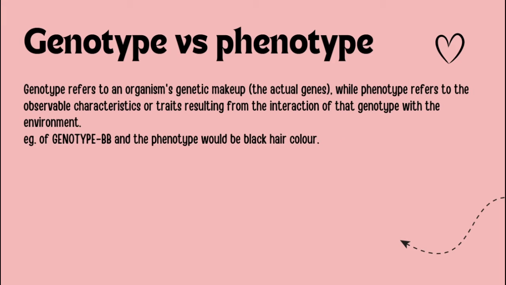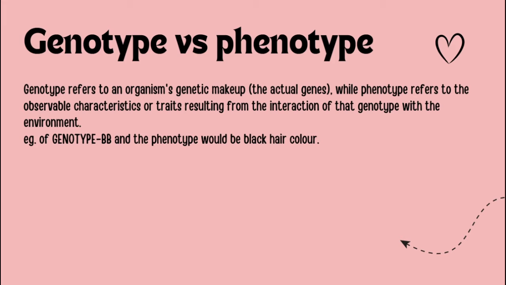Now, if we're comparing the genotype versus the phenotype, an easy way to remember this is the word geno. Just remember genetic because both of them start with G. So the genotype is really talking about an organism's genetic makeup, and the phenotype is talking about the physical characteristics that me and you and everybody can see.